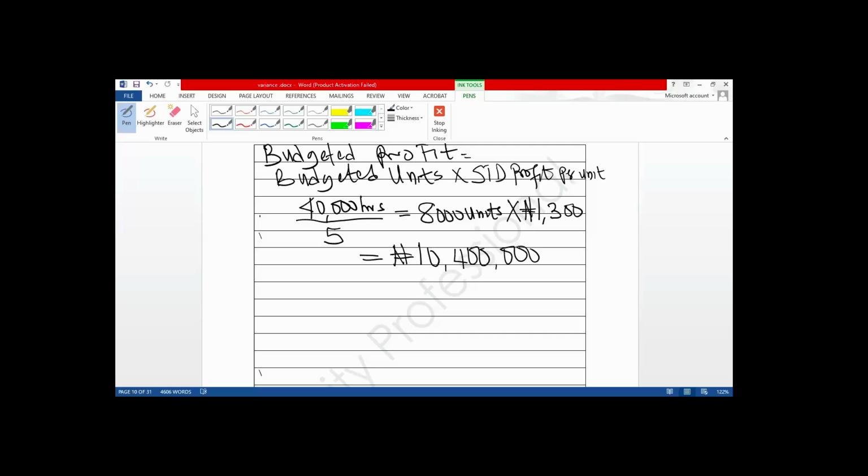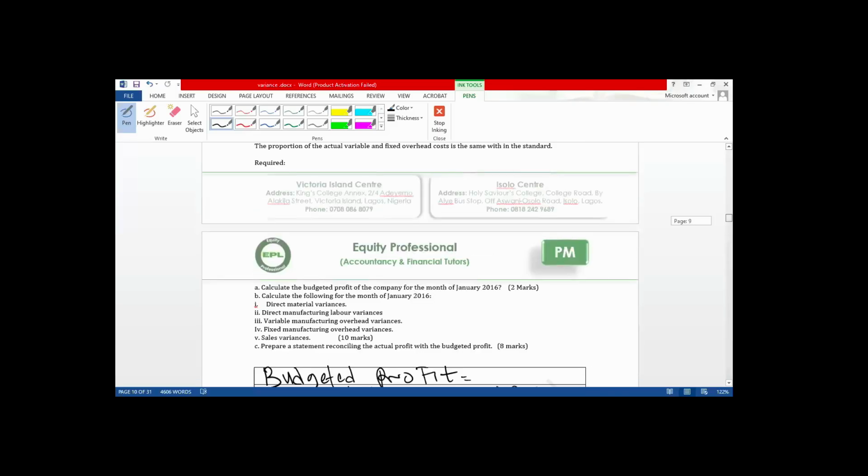We can now move to Requirement B. We are done with requirement A. Requirement B1, direct material variances.